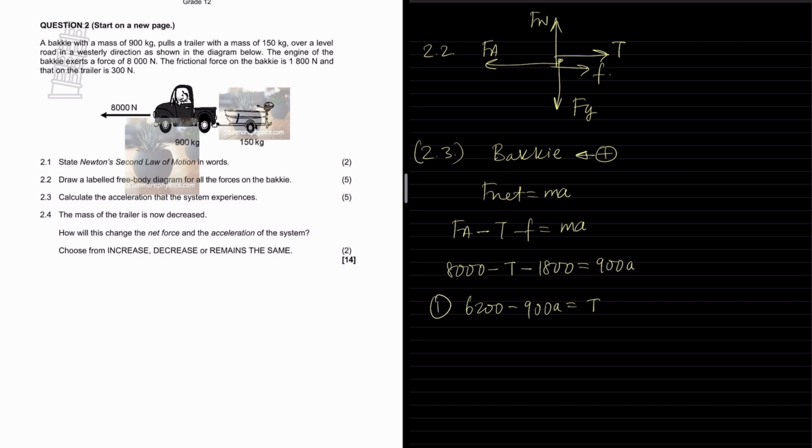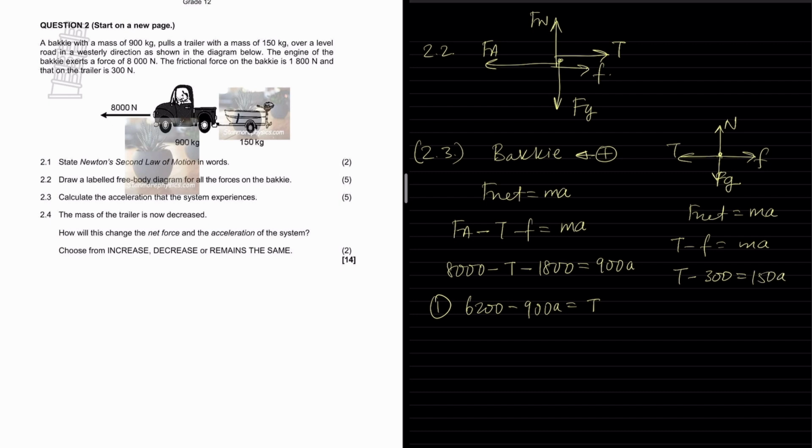Now for the trailer, the forces acting on it are tension, friction, normal, and gravity. So we'll apply F net equals MA again. But in this case, you'll have tension minus friction equals MA. Tension minus friction was 300, and that's equal to 150A.